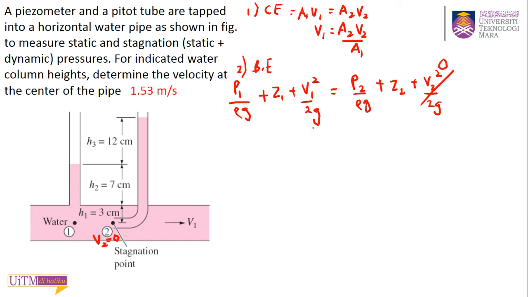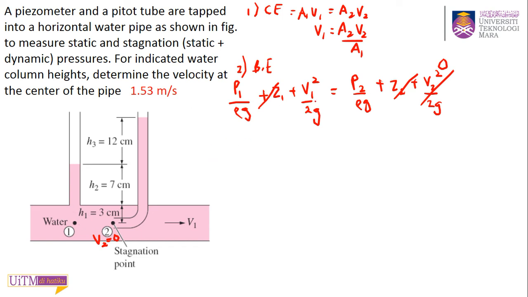So this is 0 and you can cancel out Z1 and Z2 as well because it is the same elevation. Okay, Z1 and Z2 you can cancel out. Alright, and that's all lah.